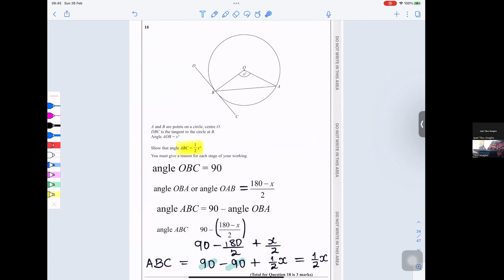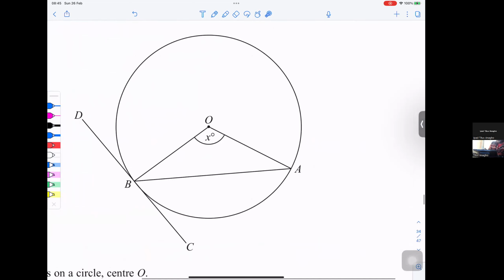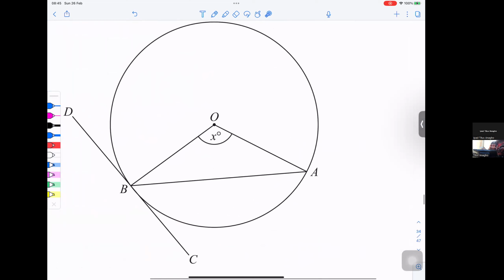So the first thing, let's go into that circle and zoom in. There's a triangle. What type of triangle is it inside the circle? It's an isosceles triangle. In an isosceles triangle, two angles are the same.